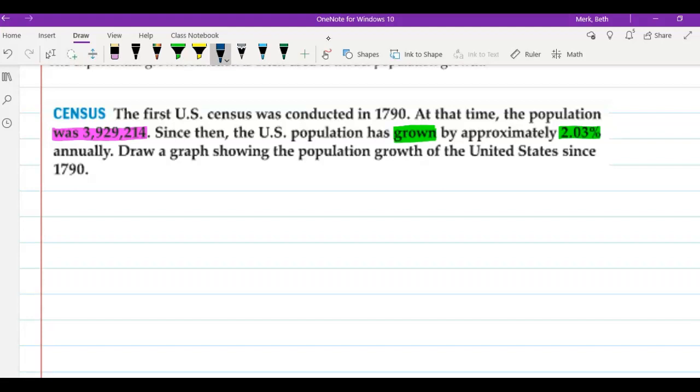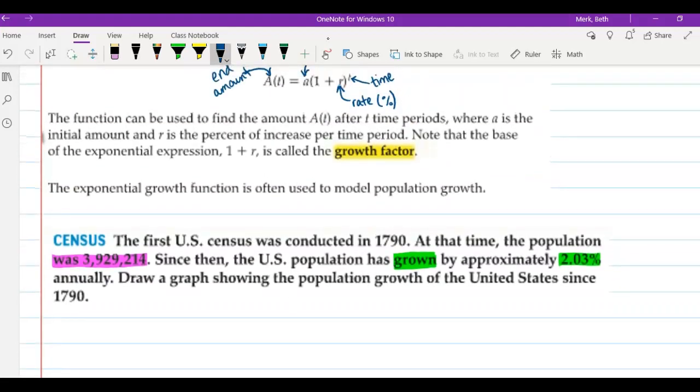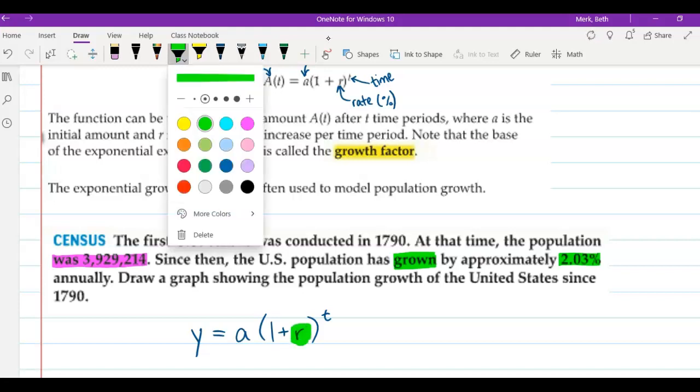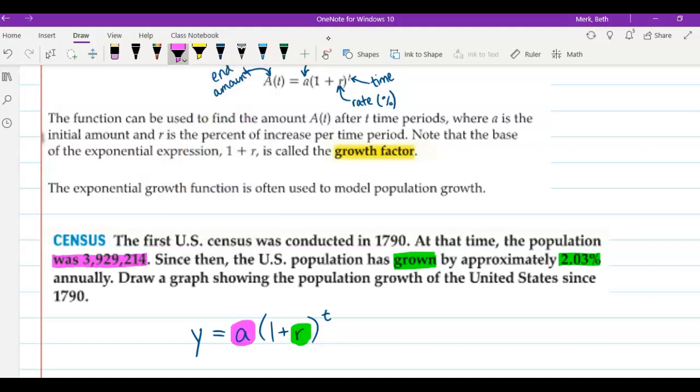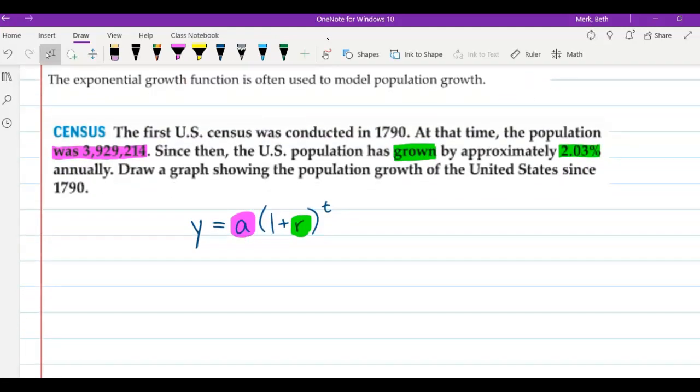So our equation, if we go back to, we have A of t, I'm just going to call that y because it's function notation. A, 1 plus r to the t. But we can fill some of these things in. We know the rate that it's growing. We know the initial amount. So when we replace these things, y equals 3,929,214. 1 plus the rate.